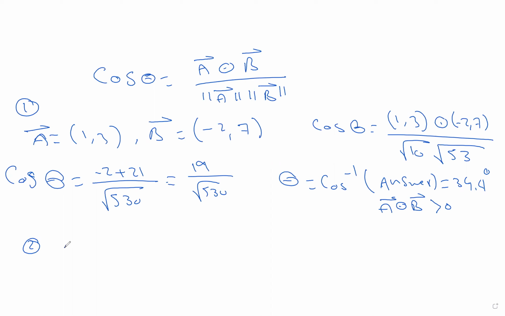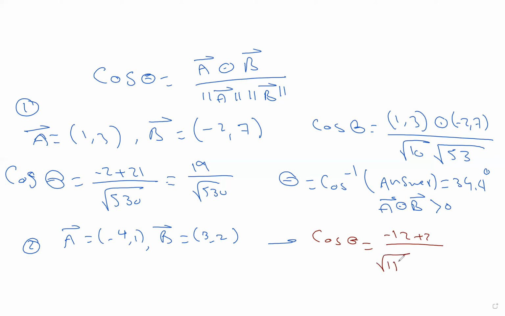What about question number 2? If A equals (-4, 1) and vector B equals (3, 2), then cosine theta will be A dot B, which is -12 plus 2, divided by norm A, which is root of 17, and root of 9 plus 4, which is 13. It will be -10 over root of 221.